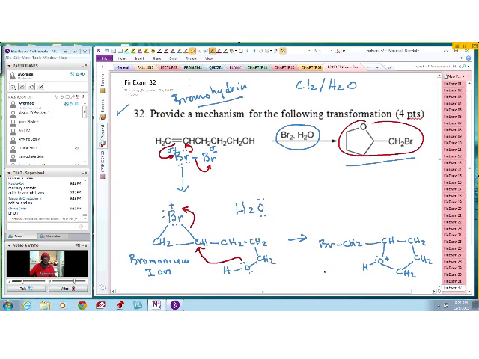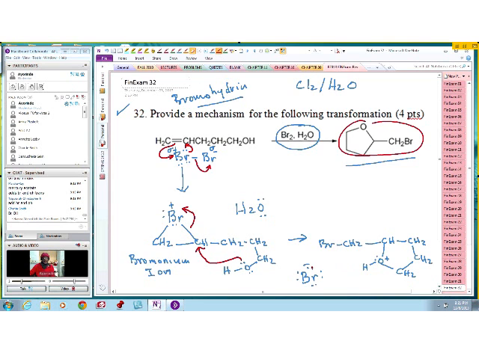And of course, we also have this bromide here that was released when we did the initial bromonium ion formation, will still be here. So what happens? That bromide now comes in.